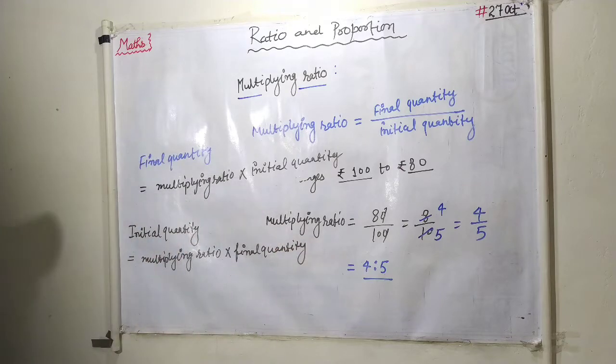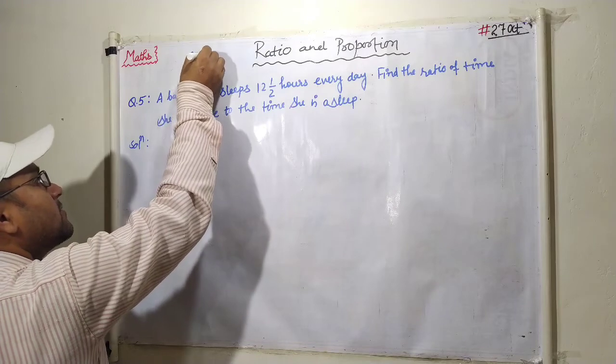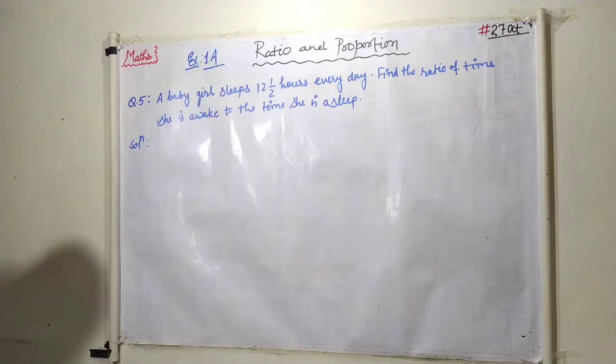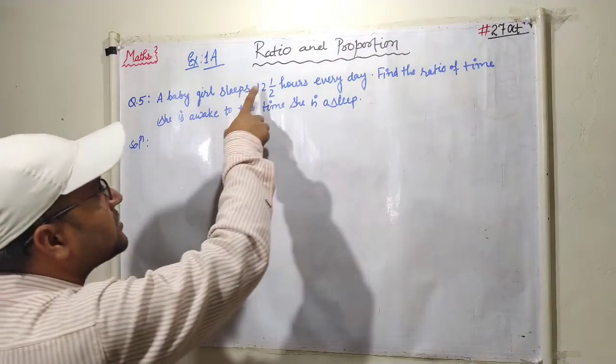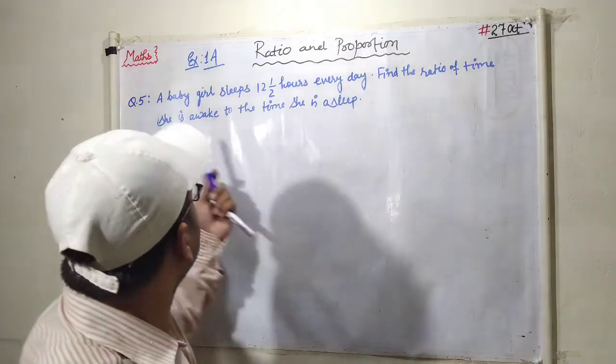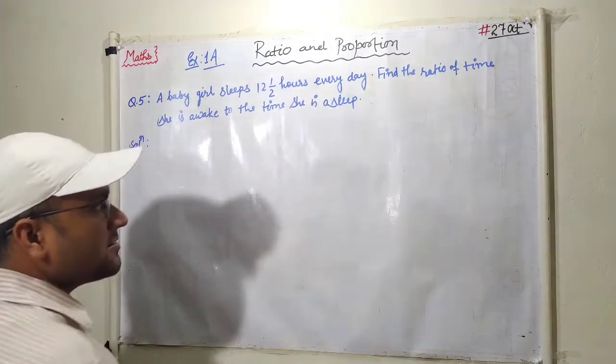Very important students. So question number 5 of exercise 1A. A baby girl sleeps 12 whole 1/2 hours every day. Find the ratio of the time she is awake to the time she is asleep.